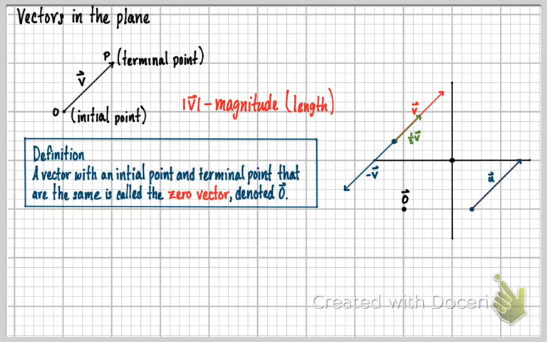The zero vector is a vector whose initial point and terminal point are the same. It is the only vector without a direction, but by convention we can also consider it to have any direction. So it's a very peculiar vector. That is the basic terminology we'll go over for vectors in the plane.